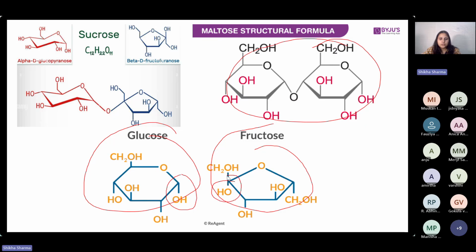The anomeric carbon here. In glucose and fructose it is free, but here it is forming a bond. So we cannot use sucrose as a reducing agent.